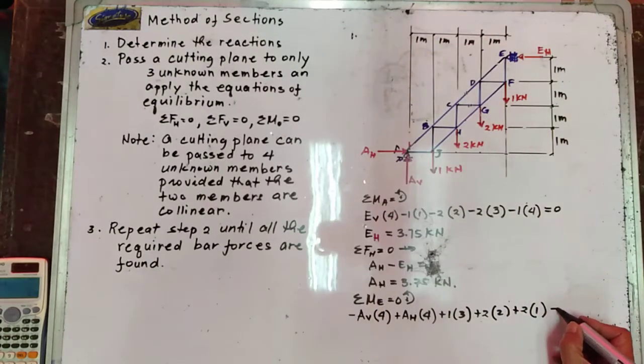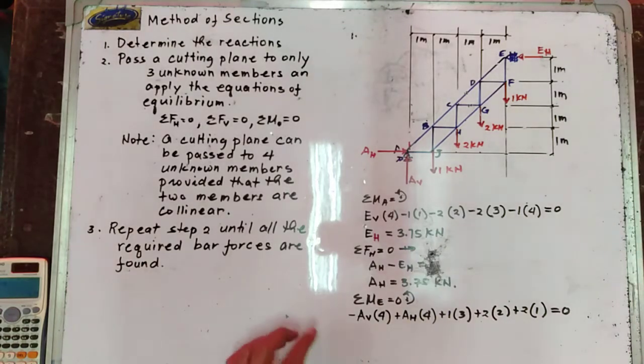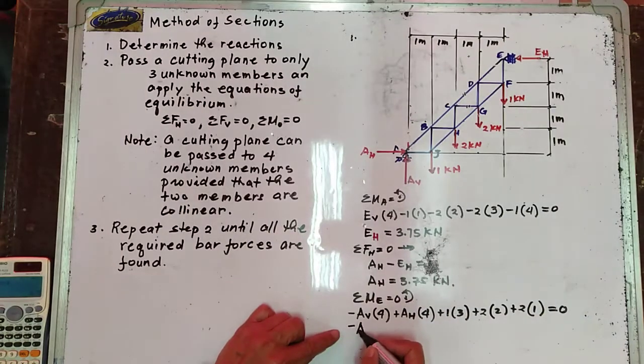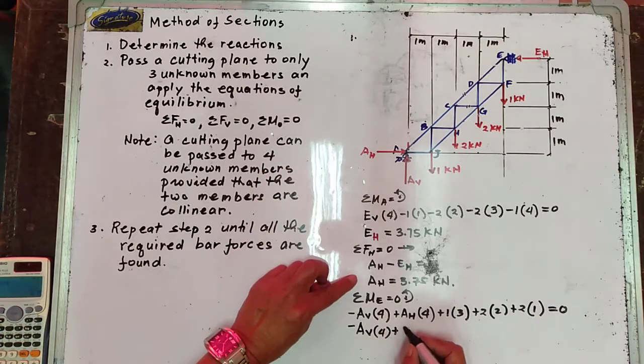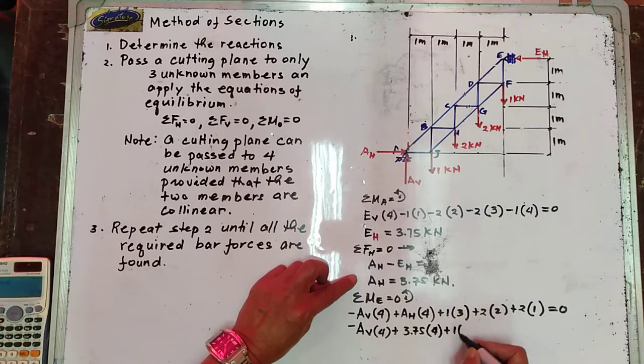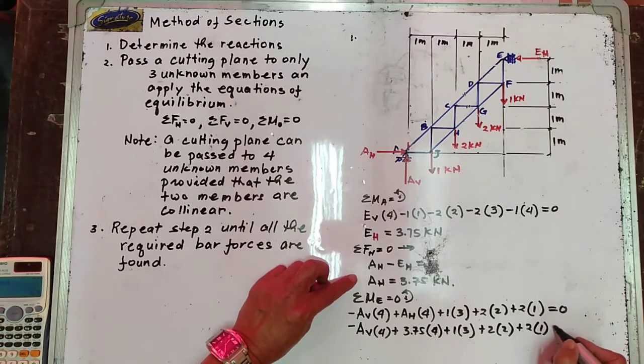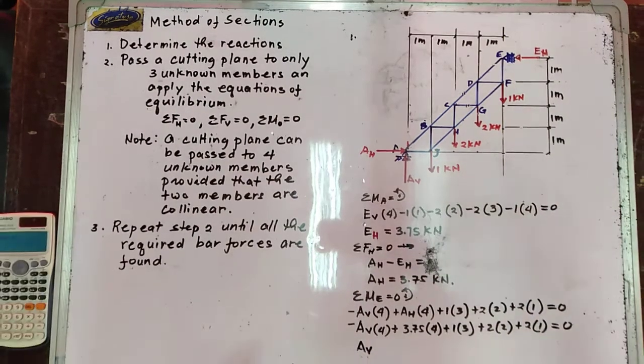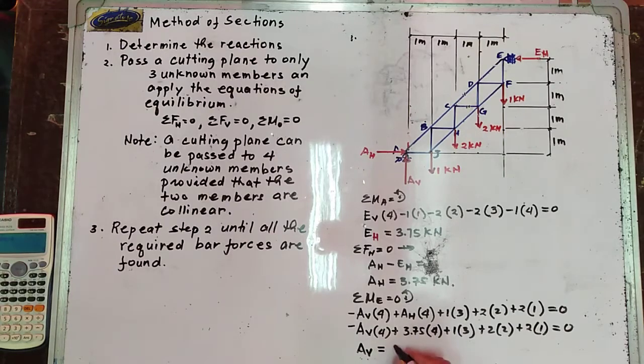This has no moment, and that is equal to 0. So we now have minus A vertical by 4 plus A horizontal, that is 3.75 by 4 plus 1 by 3 plus 2 by 2 plus 2 by 1, and that is equal to 0. Hence, the value of your A vertical is equal to 6 kilonewton. So that is now your A vertical.